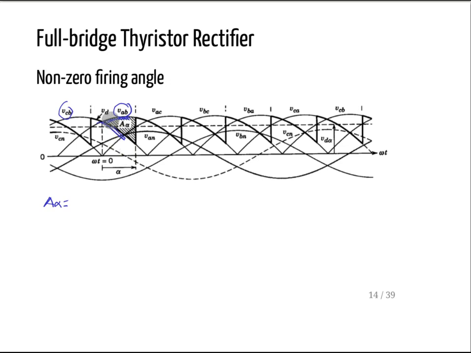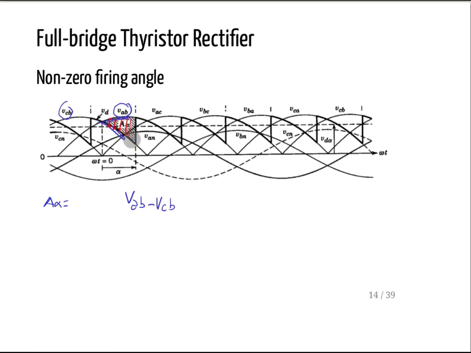And what is the magnitude of that waveform? I would like to get VAB minus VCB, right? This is VAB, this is VCB.